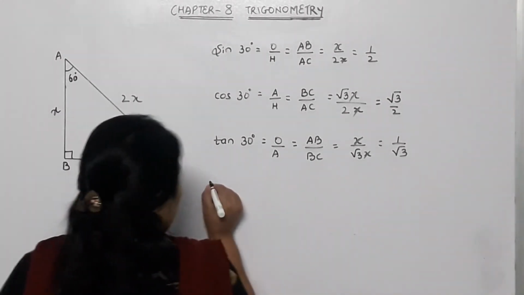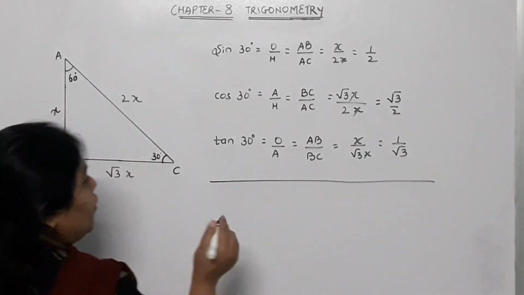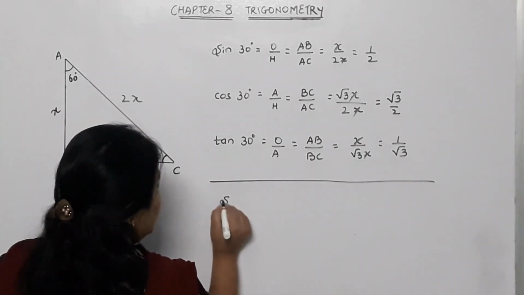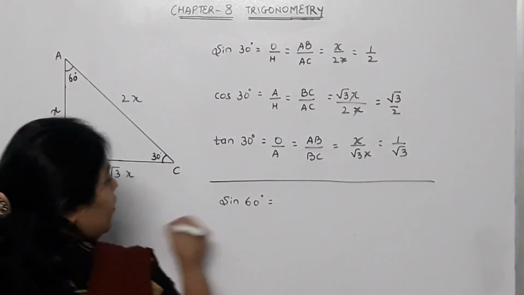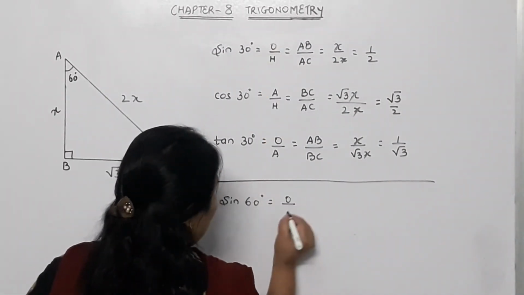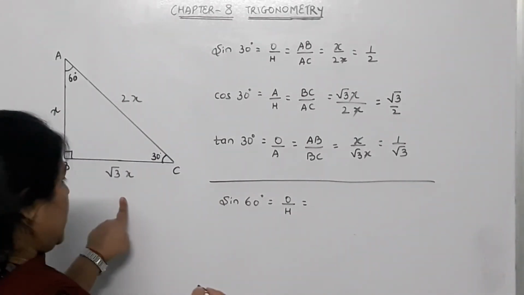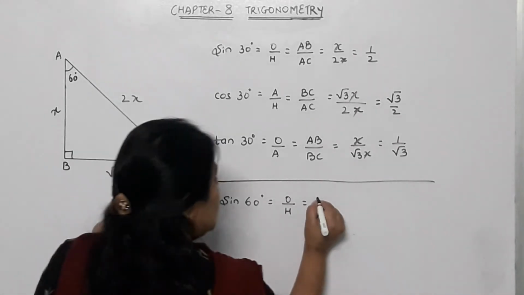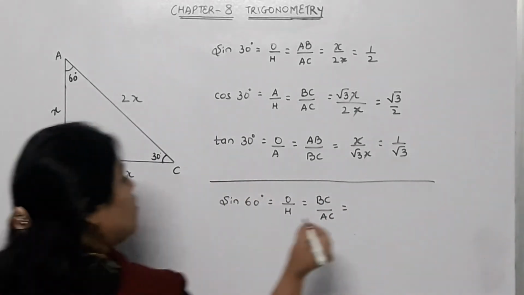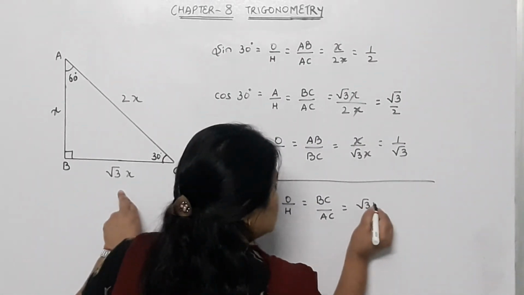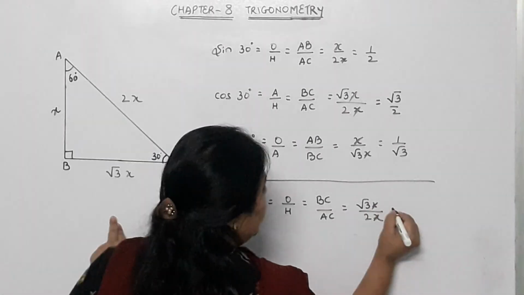Now if we apply these three ratios to 60 degree, what are we going to get? Sine 60 is equal to, the ratio will be the same, opposite upon hypotenuse, but here the opposite of 60 degree is BC. So BC upon AC, that is equal to root 3x upon 2x. So x and x will be cancelled.